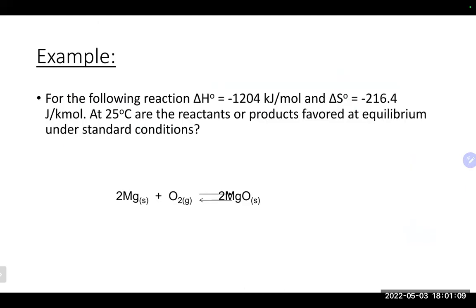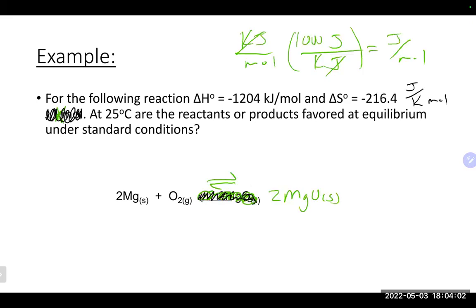Okay, so why don't you give this one a go for the following reaction. Delta H is minus 1204, S is minus 216 at 25 degrees. Are the reactants or products favored at equilibrium? So once again here, we are given the H and the S, so our equation that we just used would probably be our best choice.